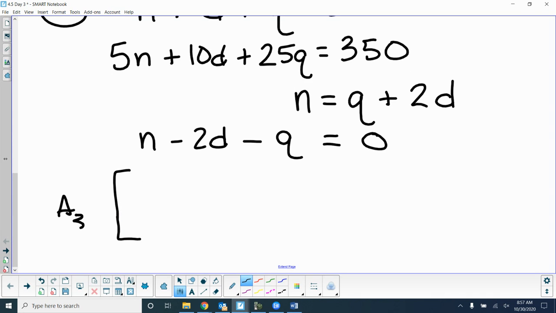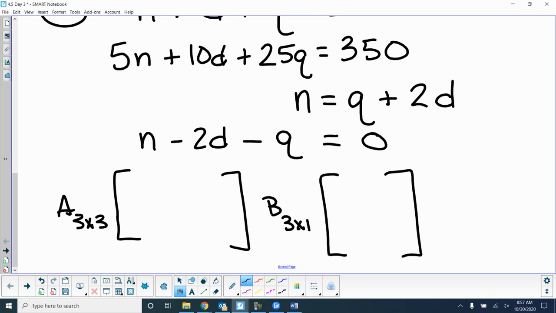That and this are the same one, Olivia. I just moved the Q over and the 2D over, so everything's lined up. So I can do my A and B matrix. You can't do your matrix until everything's lined up. Right, Harris? Yeah. Okay? Pay attention.